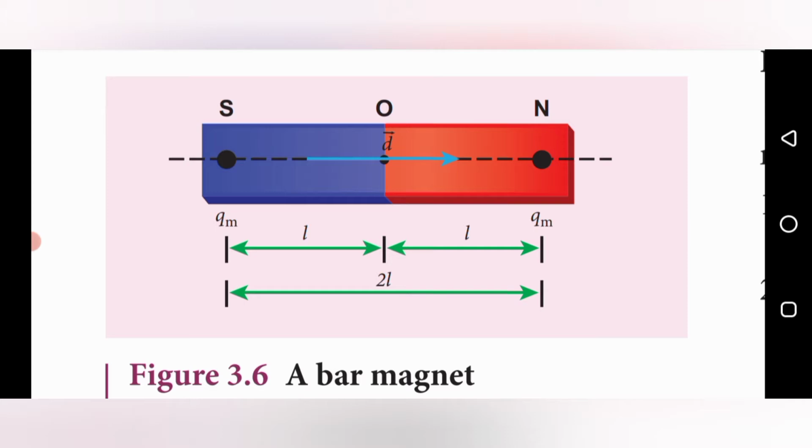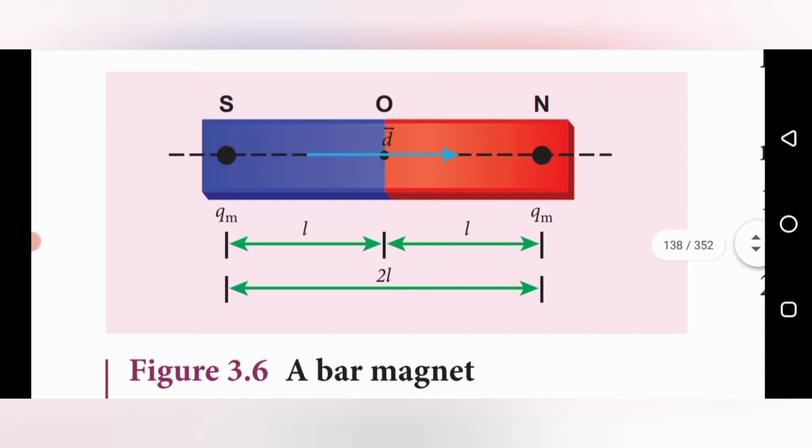But here we have to consider the bar magnet, which also has two poles, that is north and south pole. Each pole strength is considered as QM. The center part is O. From that center, the distance can be separated as L and L, so OS and ON are each a distance L, totally 2L.